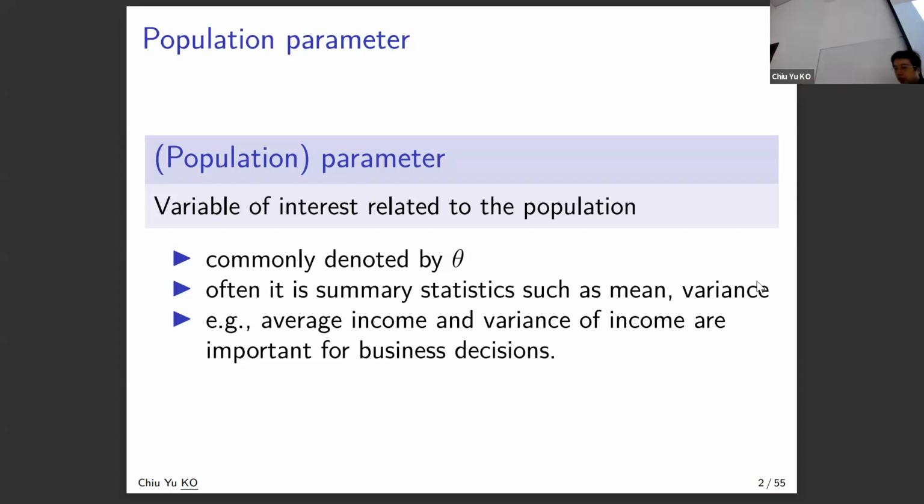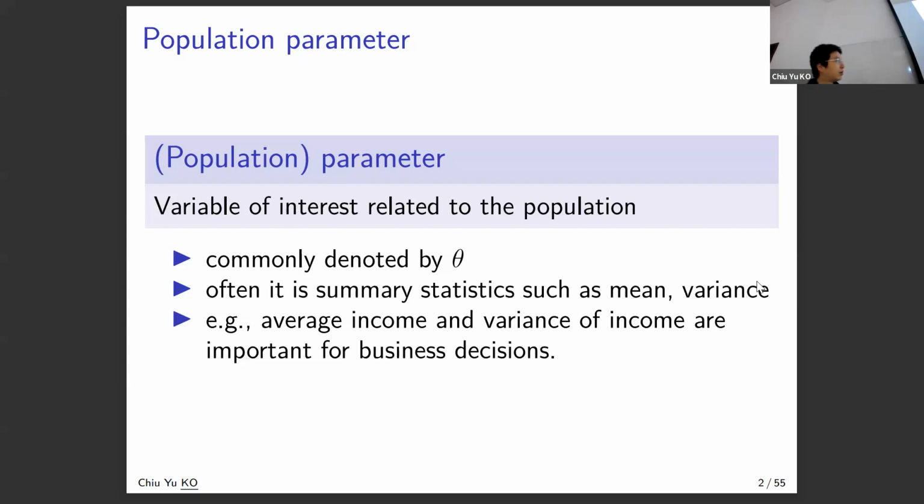You can describe, and usually we don't care about the data per se because we are unable to collect them anyway. So we care about how to summarize them, right? So we care about the summary statistics, like mean and variance, and that usually is the parameter we try to guess.